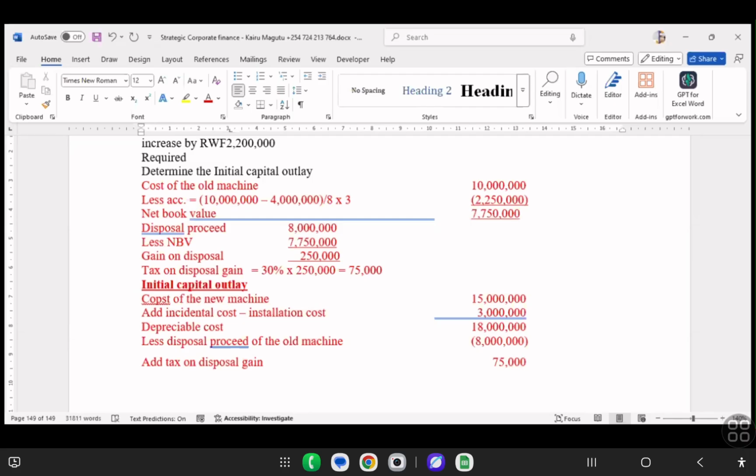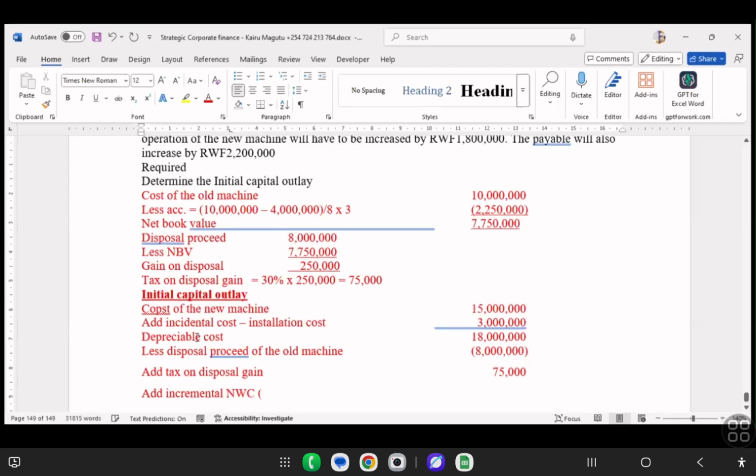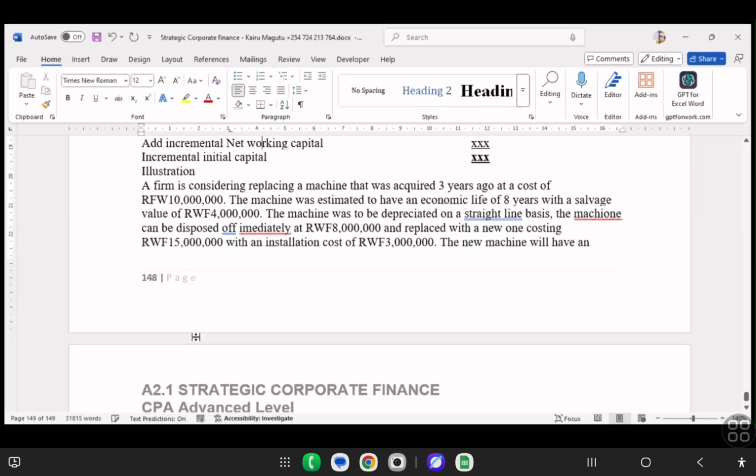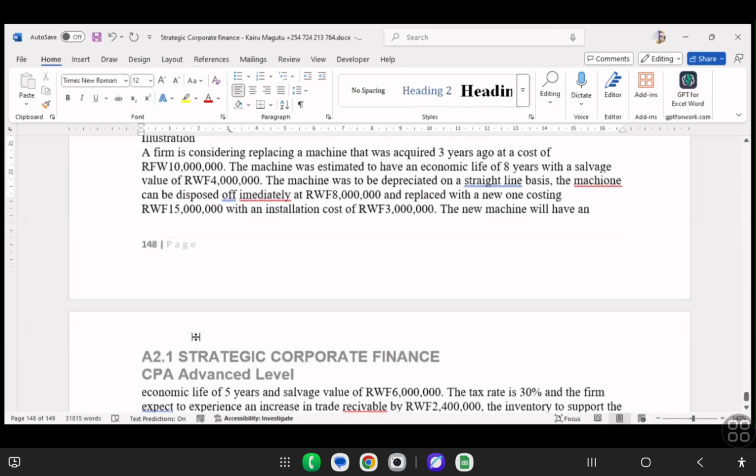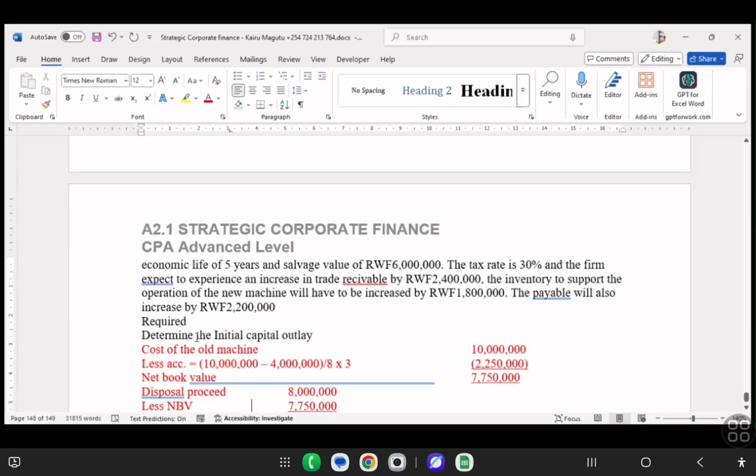Then from that point, we need to add incremental net working capital. We are told that the salvage value is 6 million, the tax is 30%, and the firm expects to experience an increase in trade receivable by 2.4 million.